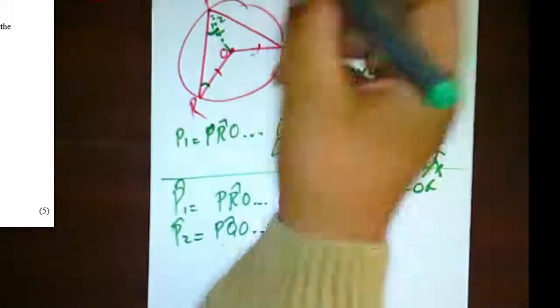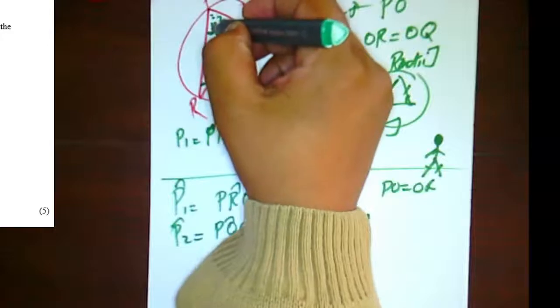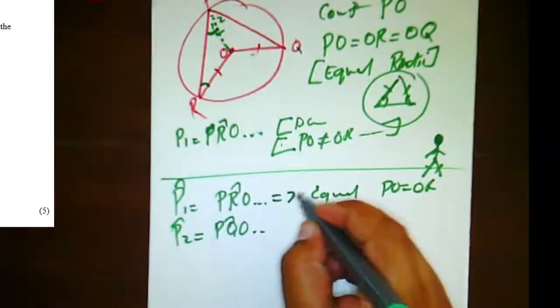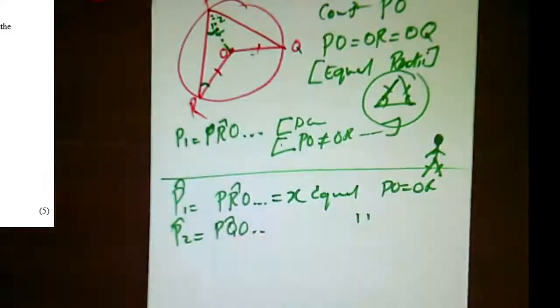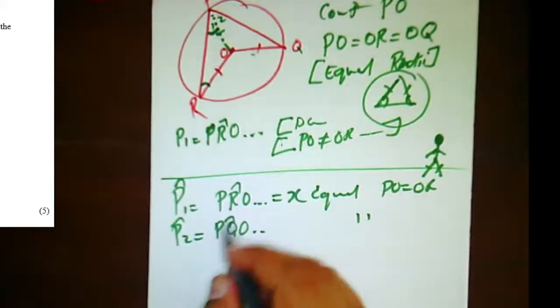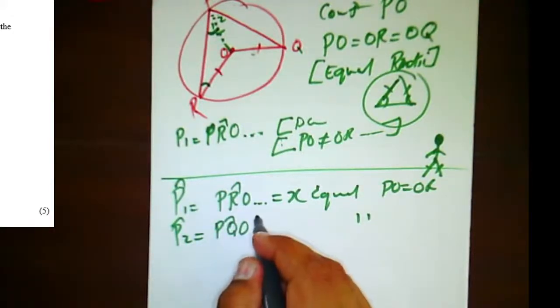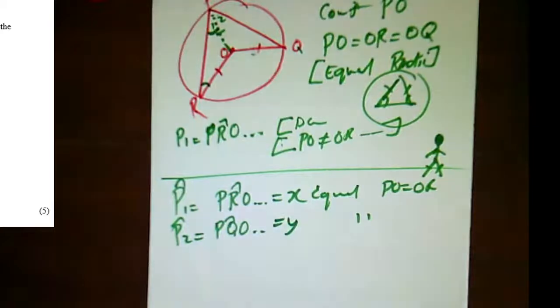So let's say, let P1 be x. If P1 is x, angle PRO is also x. Can we say that? Because they are the same. If angle P2 is equal to angle PQO, let's make that y. Because then they both are the same. Are we happy with that, learners?